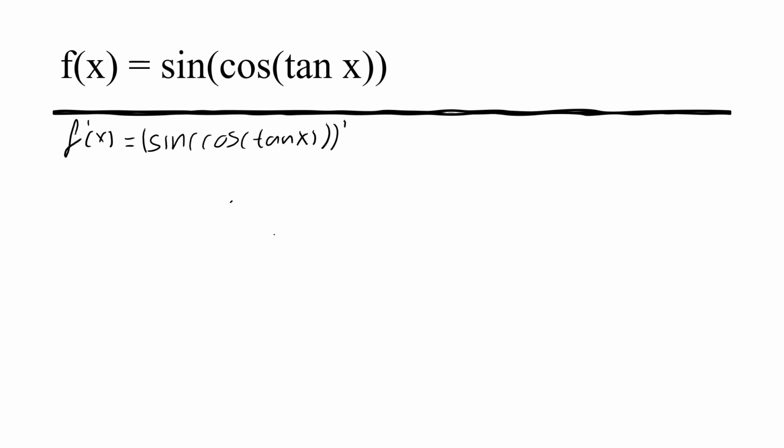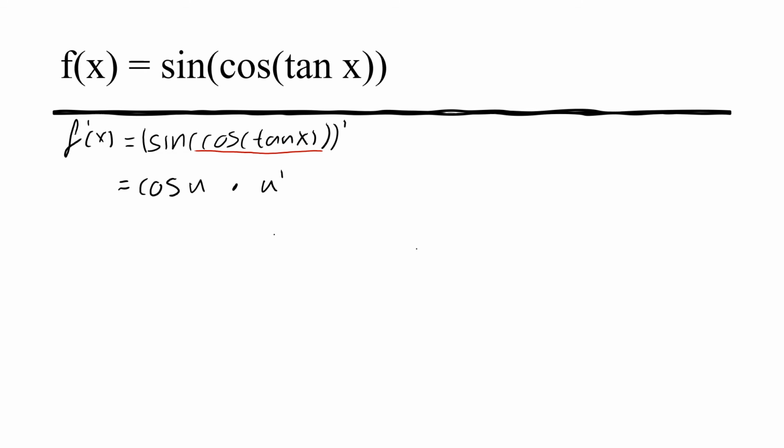So we know what the derivative of sine is, and that is cosine. And all this mumbo jumbo right here, we're just going to call that u for right now. But because we wrote this u here, we need to multiply it by the derivative of u.